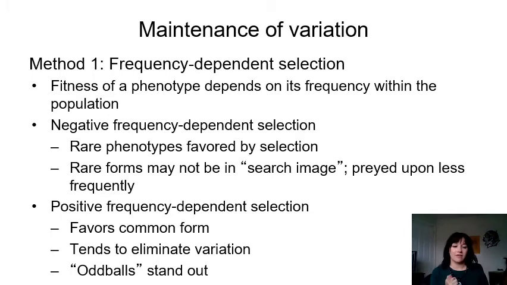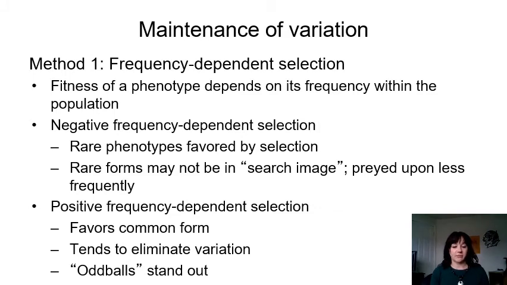So if it sees a rare form of that bug, maybe it doesn't have spots, it's probably not going to eat that bug, right? It's not what it thinks of when it's searching for prey. And so it's going to survive. It's going to survive better than its counterparts. And that trait is going to get passed on into future generations. And you're going to still have some variability in that population.